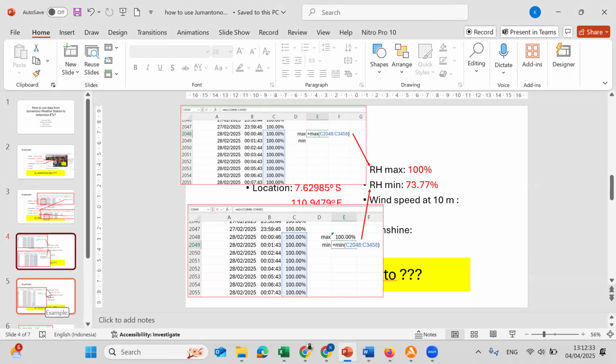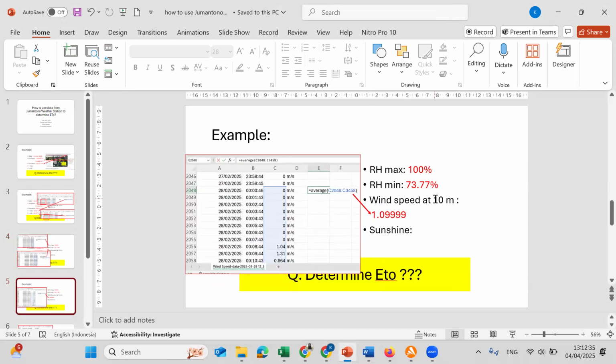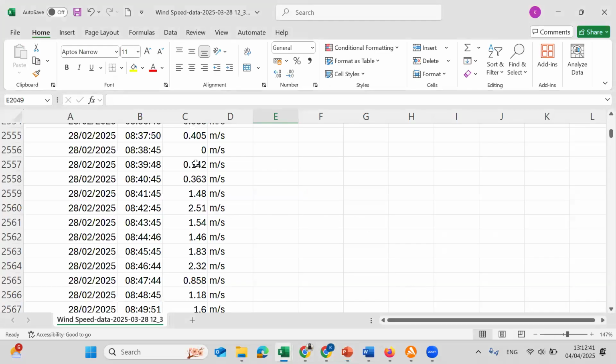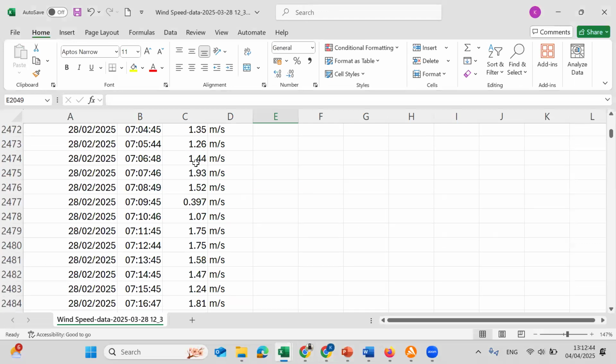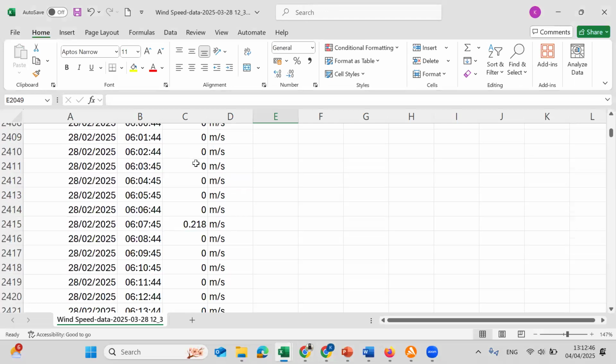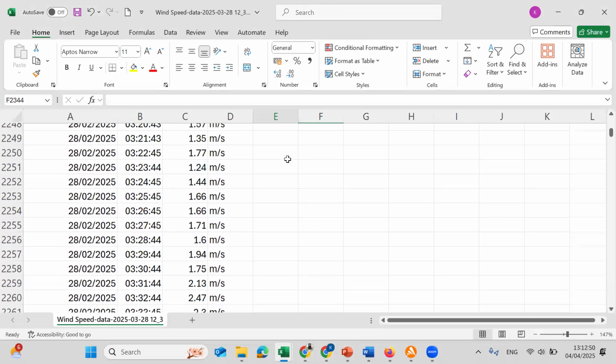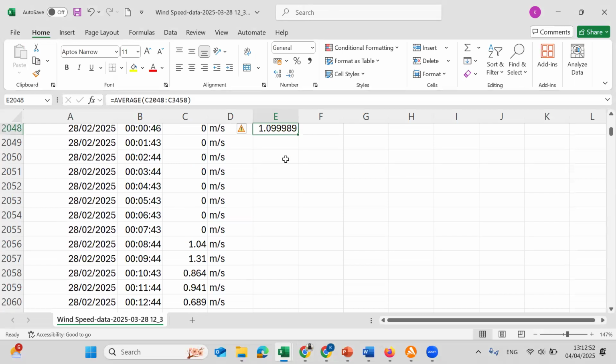And then next, wind speed. Wind speed at 10 meters. We have the data, wind speed is in meters per second here.